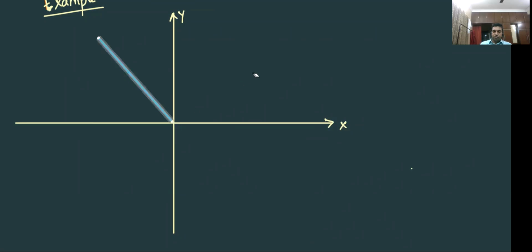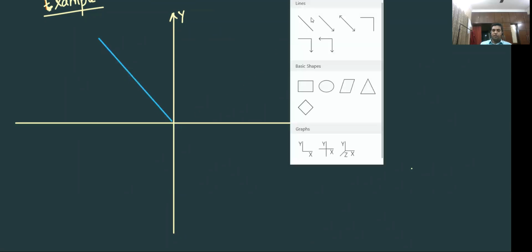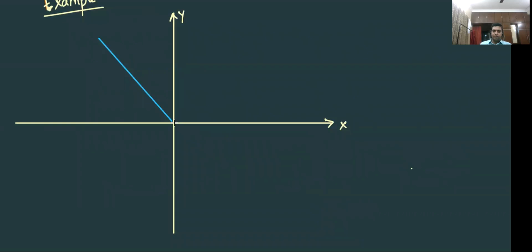Okay, by now you should be able to tell what this curve is. What curve is this? So, modulus function. Yes, very good. So this is y is equal to f of x is equal to modulus of x.